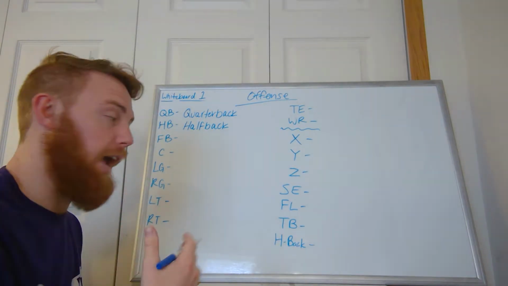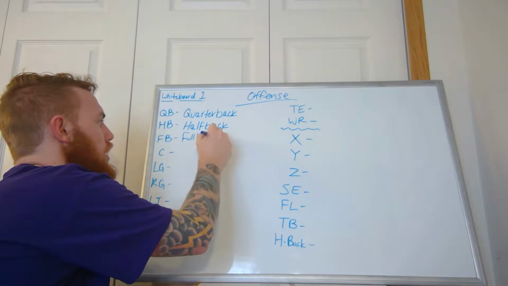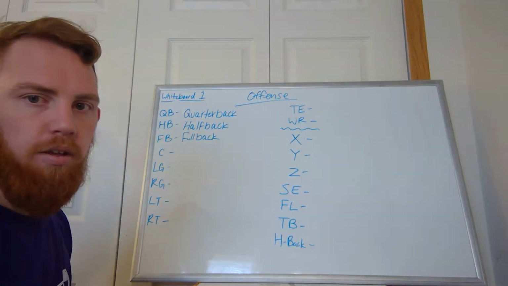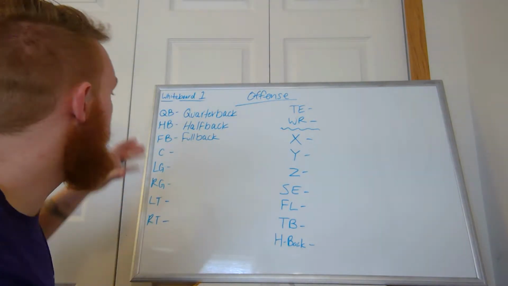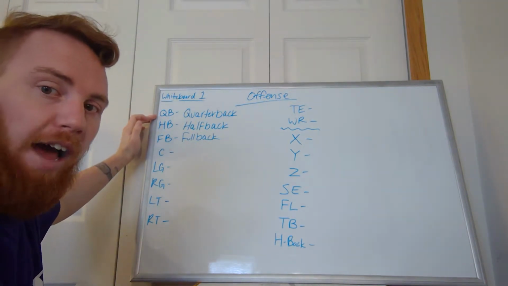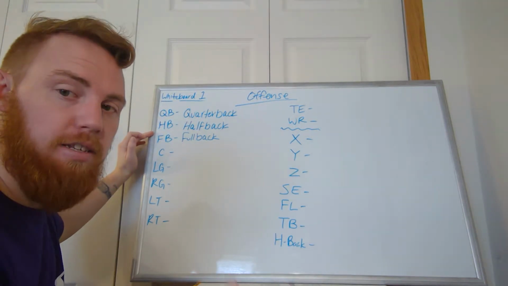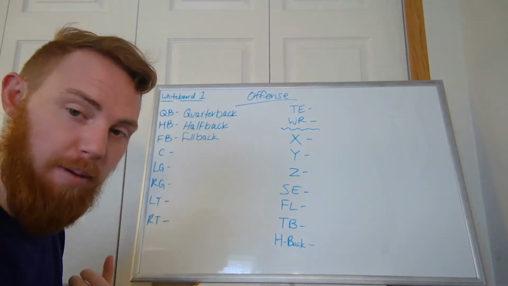FB is your fullback. So those are your basic terminologies for your backfield. Your quarterback's the guy that throws the ball, halfback is usually the guy that runs the ball, and your fullback is the guy who blocks for the halfback.